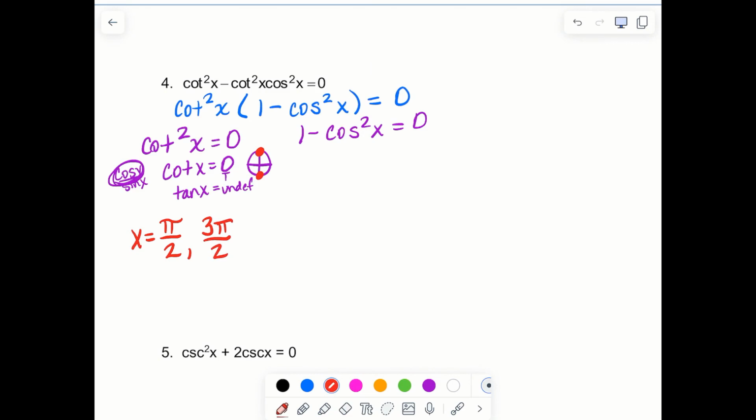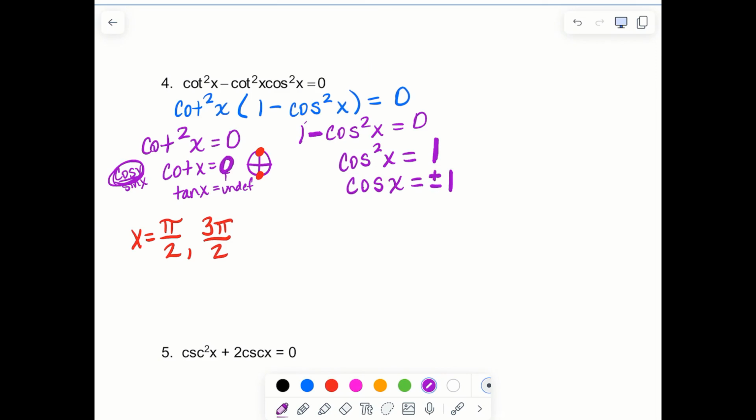So I get that. Now in this next one, if I solve, I would get cosine squared. I'd bring the 1 over, it'd be negative, but then this negative would cancel that out. So I get cosine squared is equal to 1. I wanted to do it this way because I wanted to remind you, when you get down in solving with a squared, when I take the square root of this number, which doesn't look like I'm doing that since the square root of 1 is 1, I have to put a plus and minus.